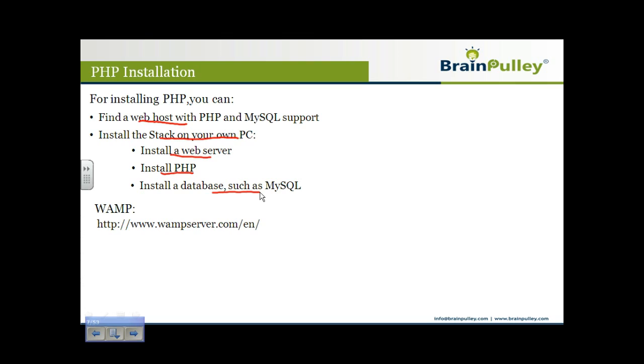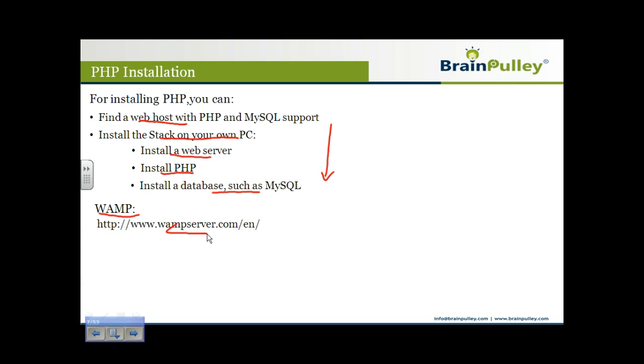What I will do is use a pre-packaged stack called WAMP, Windows Apache MySQL PHP. If you do all these things on Windows, it becomes the same stack. But for experimentation and learning, there is a very nice, cute package available at the website wampserver.com/en for the English version of that page.